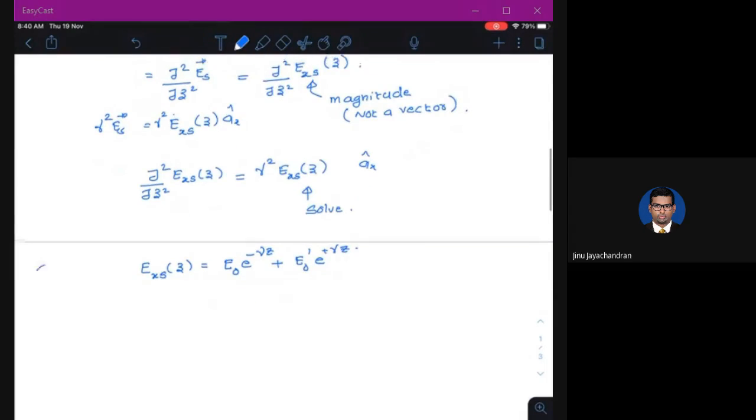So this is the solution of the wave equation in terms of electric field. In terms of magnetic field, this equation will be like dou square by dou z square, H.